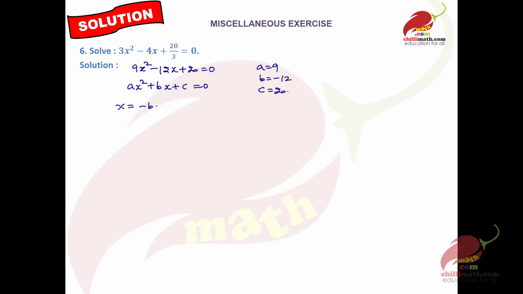Now using the formula to find roots, that is x equal to minus b plus minus square root of b square minus 4ac upon 2a.